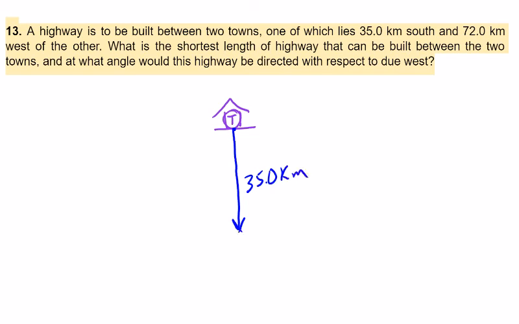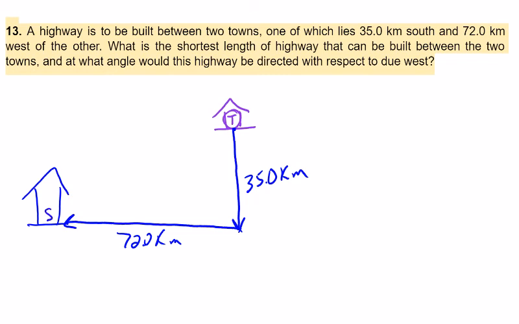And then from there, we're going to travel 72 kilometers west and end up over here. So here is S-town. So we have our two towns, and these are the placements of them.